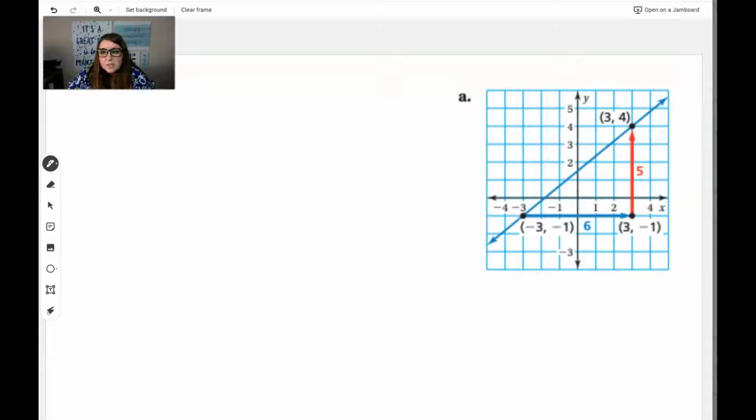You can use this graph right here to find the slope. So the slope equals m. So in our equation, it will be the m, and that means that it is the rise of the line over the run. Okay, so let's talk about what these words mean.